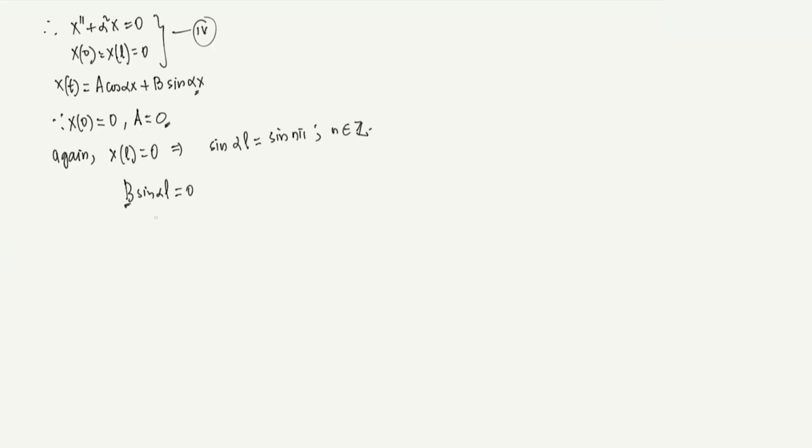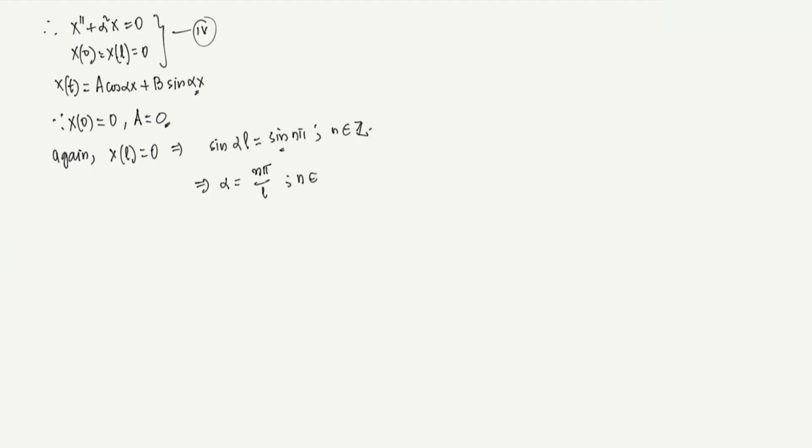We don't want that, because otherwise the whole solution becomes 0. So b is non-zero, and we can just delete it out. We are left with sine of alpha L equals 0, which is sine of n pi. So that will imply that alpha equals n pi by L.